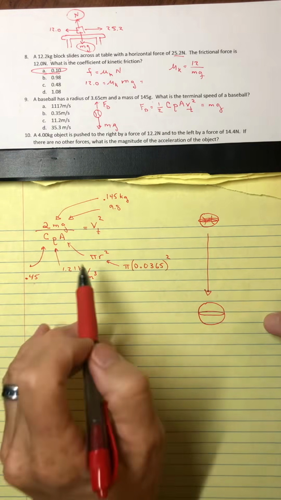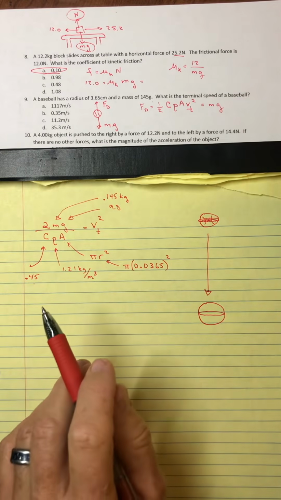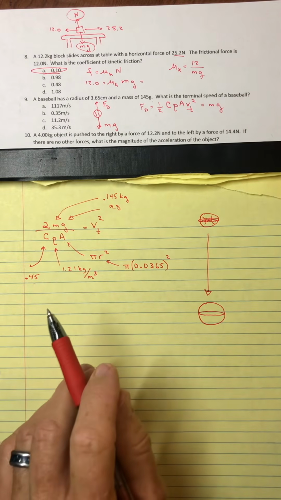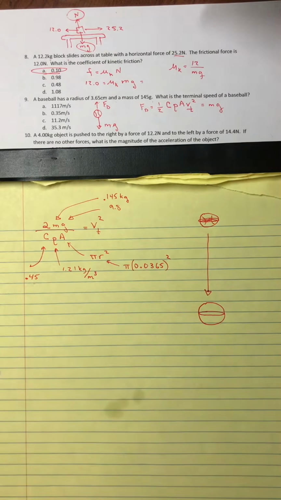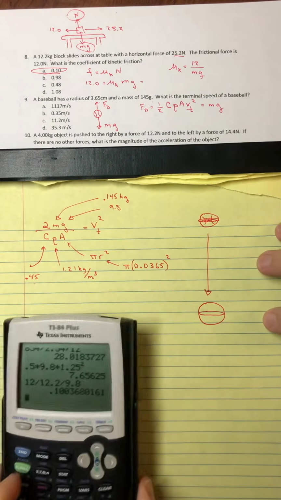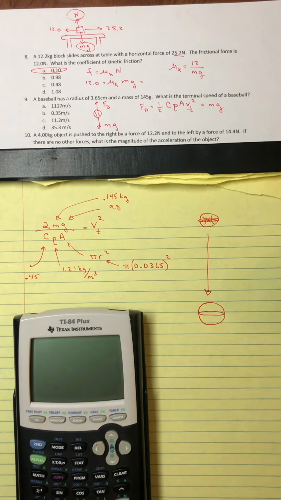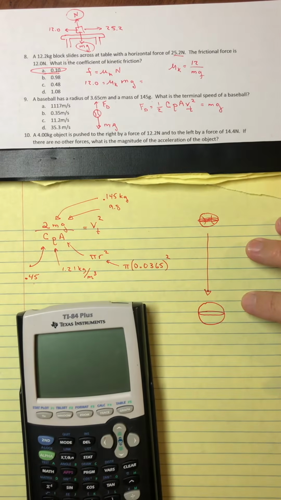Okay. So this one's about the drag coefficient and the terminal speed and a little bit of unit stuff in here. So this is I think the tough one here. All right, so let's put all this in.